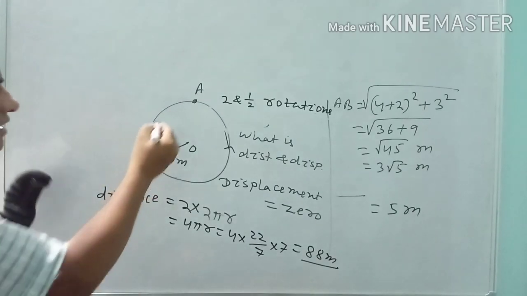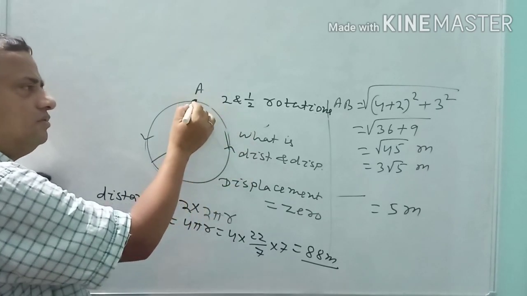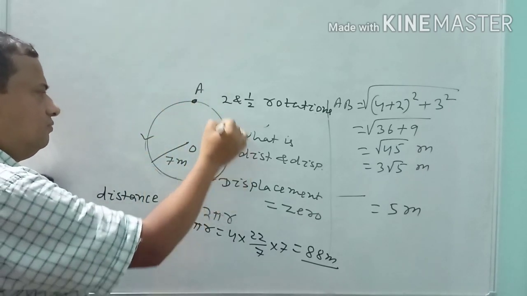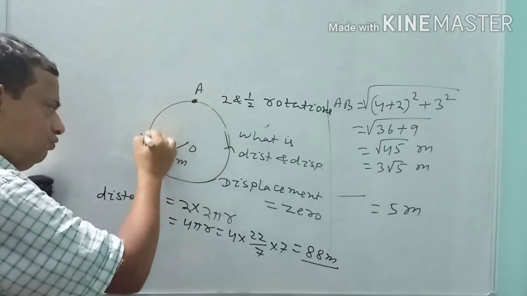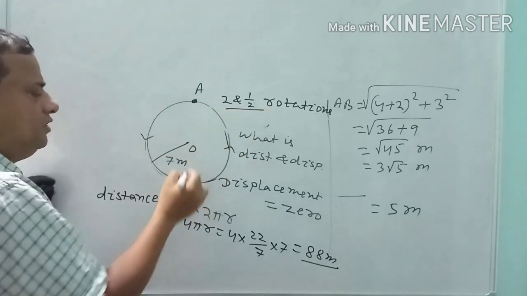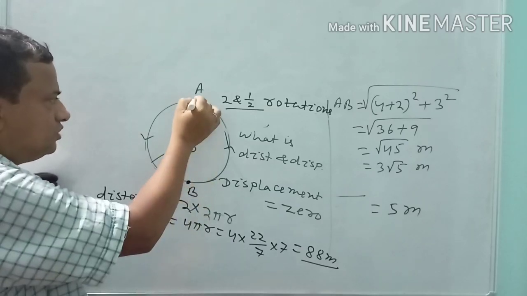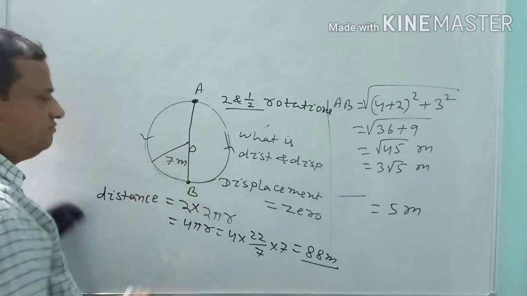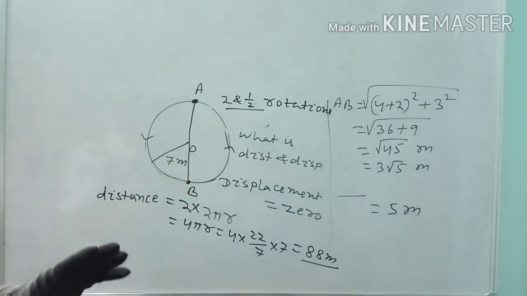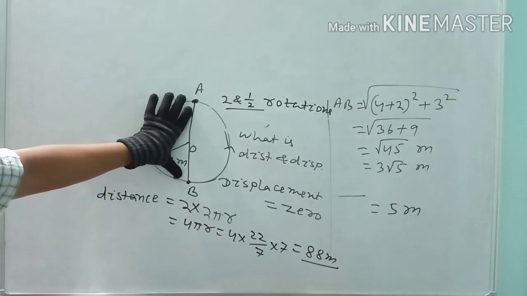You see, starting point is A. 1, 2, and a half. So initial point A, final point B. So you just join. This is the diameter of this circle. So this is the displacement.